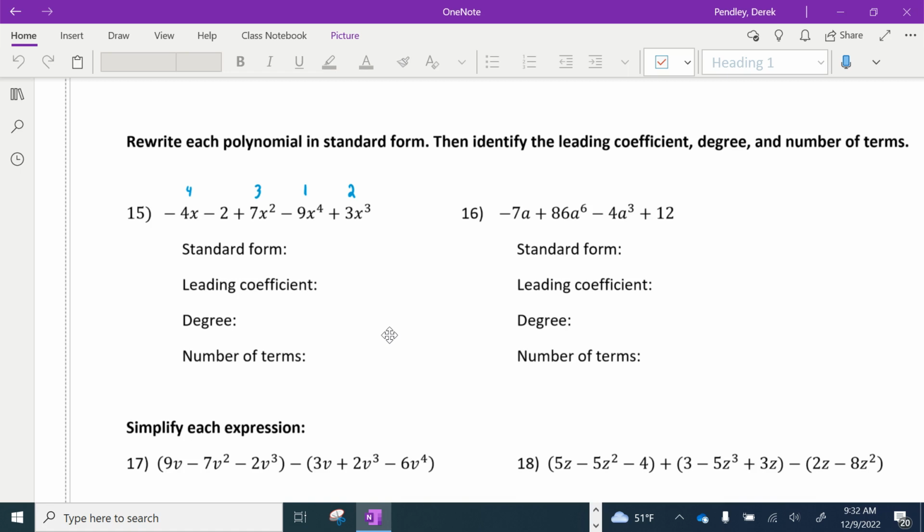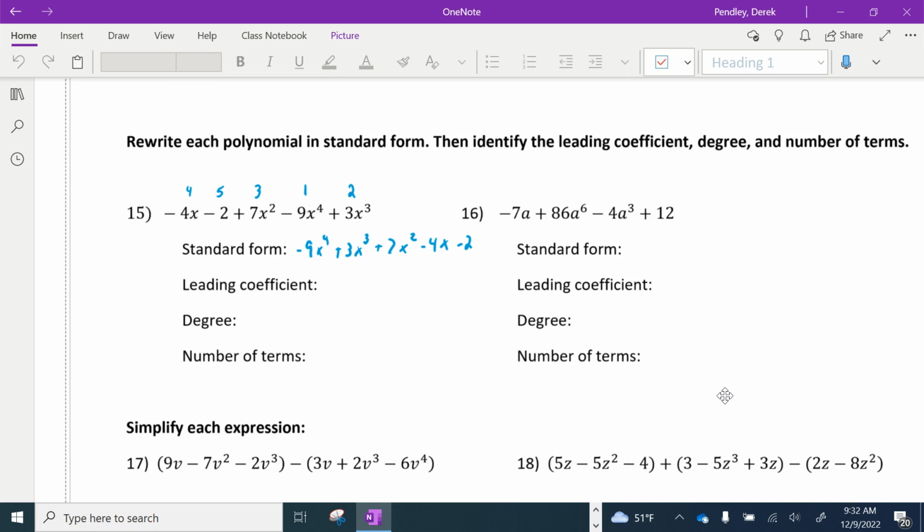So if we write those in order, negative 9x to the fourth plus 3x cubed plus 7x squared minus 4x minus 2. That is written in standard form now.